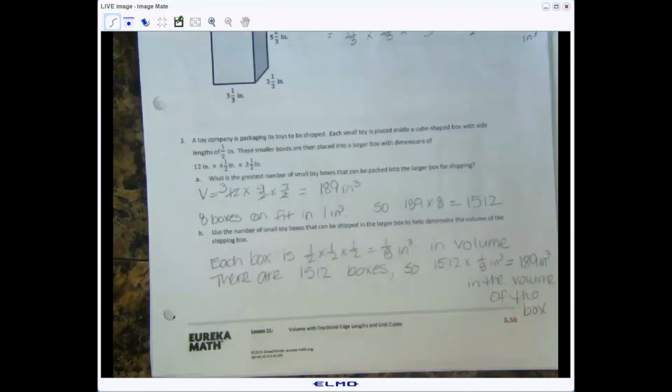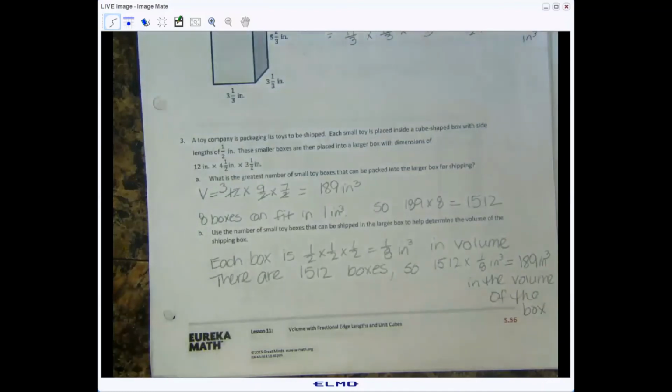Okay, so number 3, we have toys, at least in our story problem. So we have to package up these little tiny toys. I don't know what they are, maybe little Pokemon things, but they have to go in a box that is 1/2 by 1/2 by 1/2.